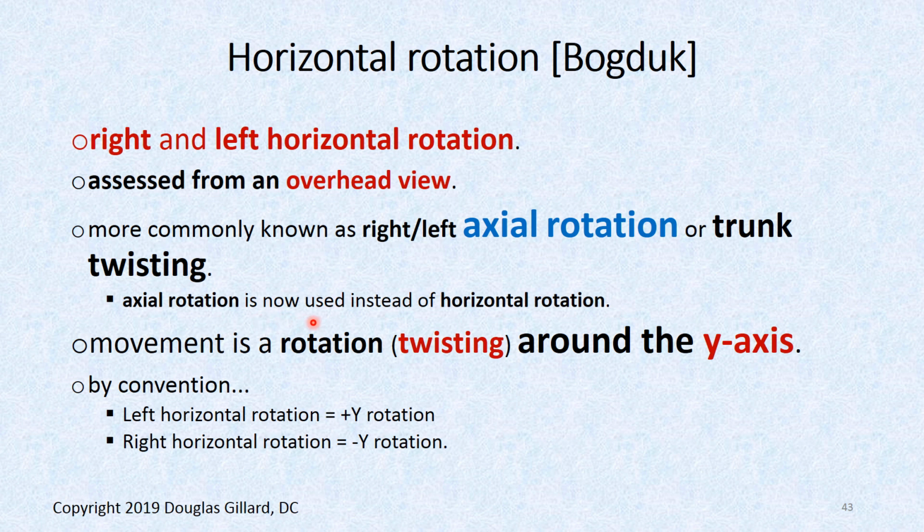Axial rotation is now used instead of horizontal rotation. The movement is a rotation around the y-axis. If you want to be nerdy or geeky about it, left horizontal rotation is called y plus or plus y rotation. Right horizontal rotation is called negative y rotation.